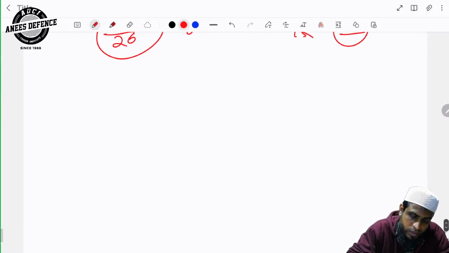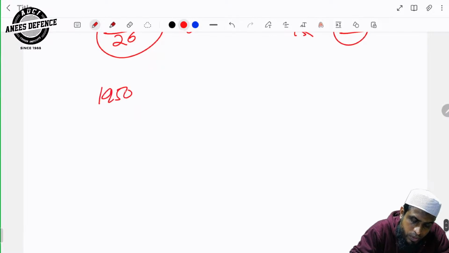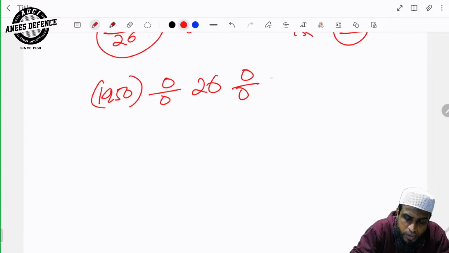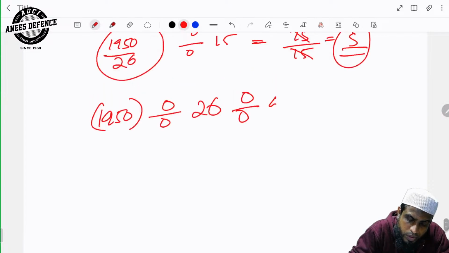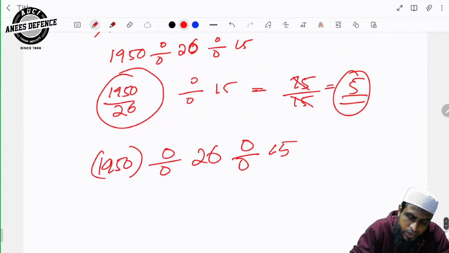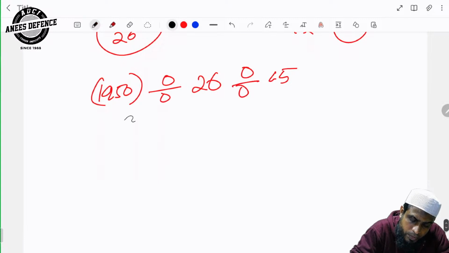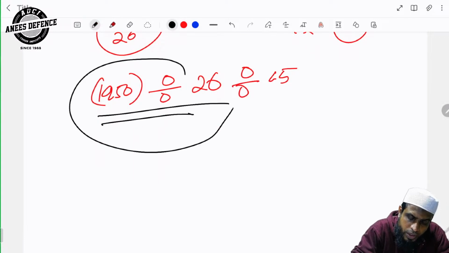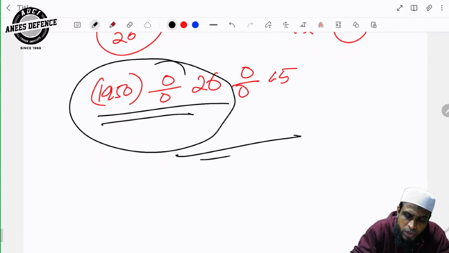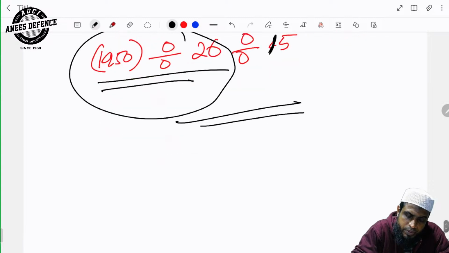So you have to do it like this. 1950 by 26 by 15. First you do this one, then after getting this result, do the remaining part.